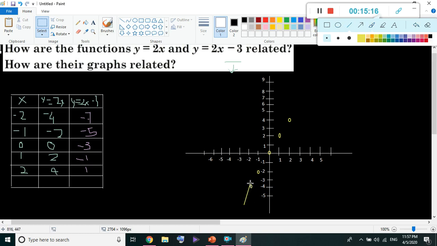It's going to be a straight line that passes through all of them. This is the graph for y equals 2x.